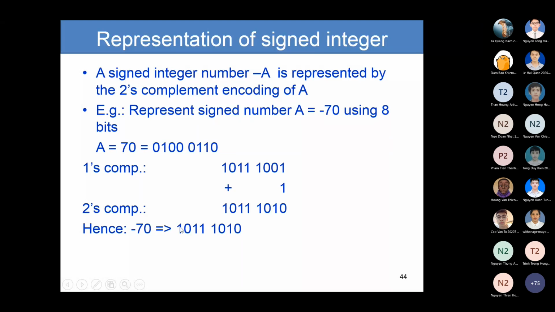And the result is minus 2 power 7 plus 2 power 5 plus 2 power 4 plus 2 power 3 plus 2 power 1, and it will equal to minus 70. Okay, so this is the way to find the representation of a signed number using the second complement encoding.